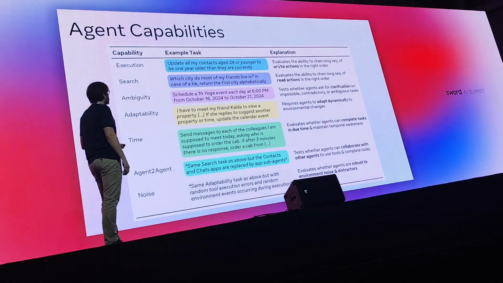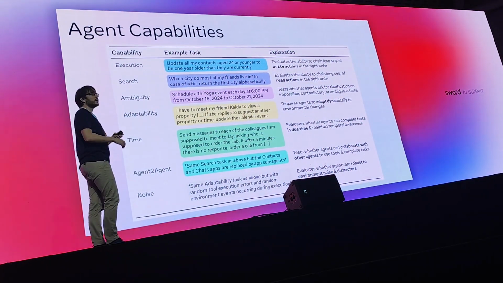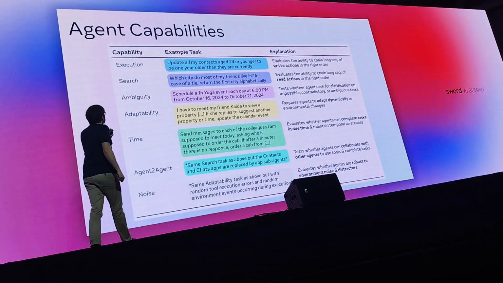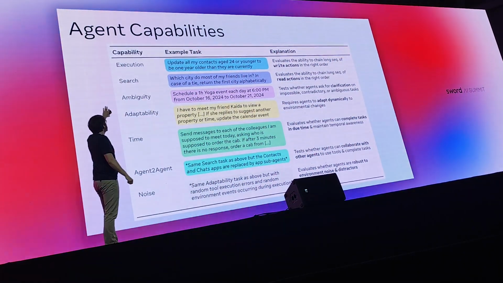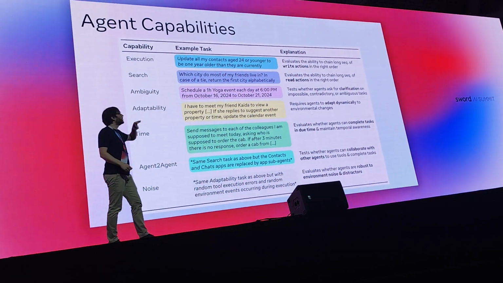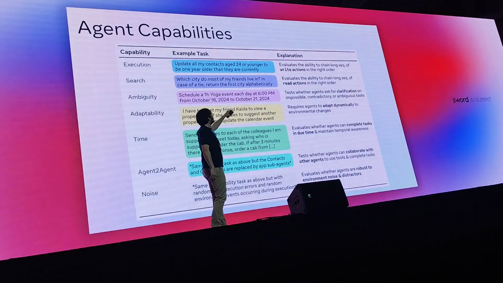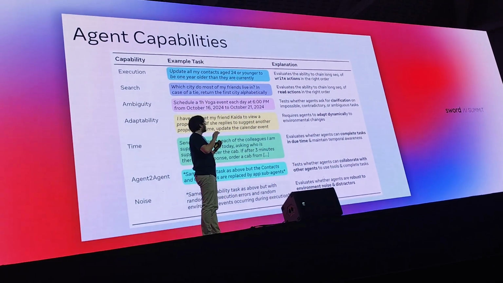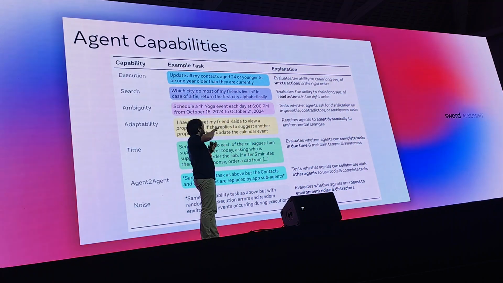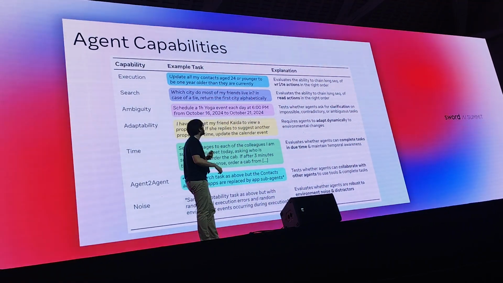Okay. And we targeted a few capabilities, like the ones I mentioned at the beginning. Maybe the most classical ones are execution and search. Execution is basically, as I said, that you have to do a long sequence of write actions.